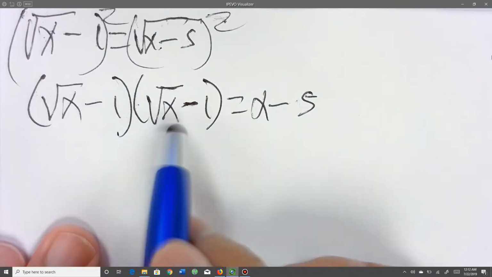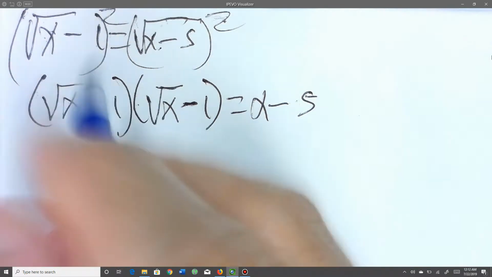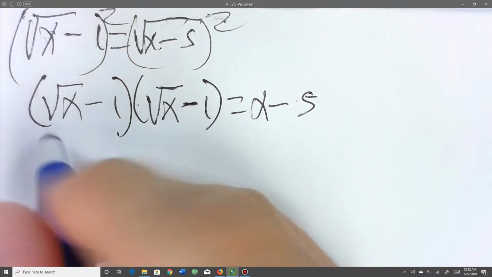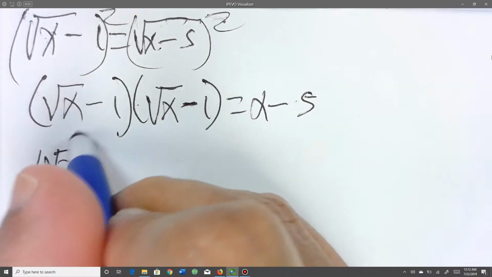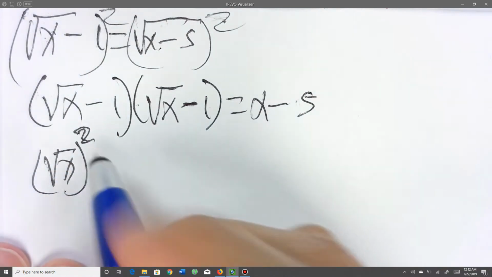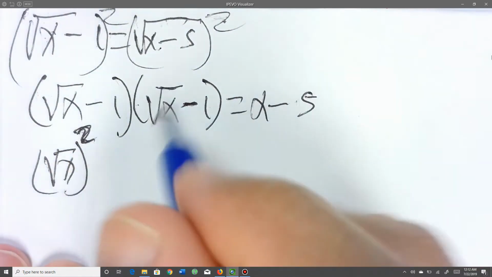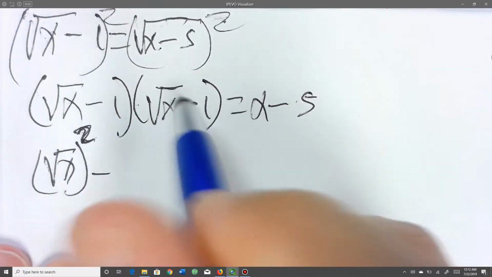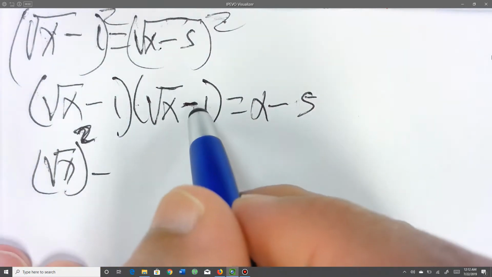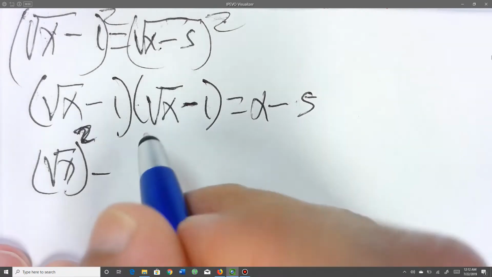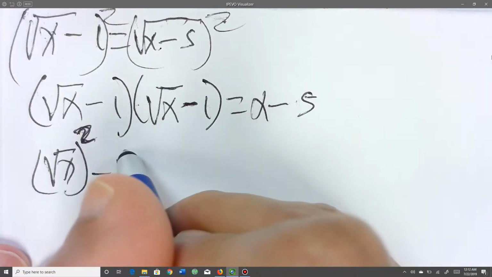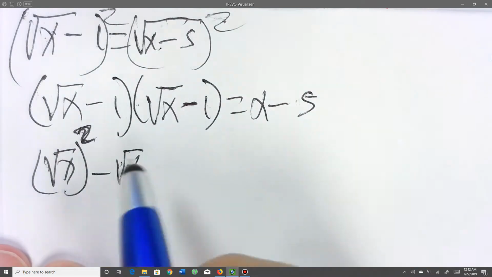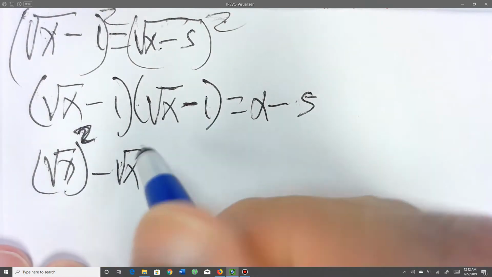Foil here, multiply, as I like to call it. Well, in this case I have an x squared, and I'm just going to rewrite the whole step here, square, but you can skip as many steps as you want. Okay, then x squared, minus times negative 1 is negative 1 square times the square root of x, or negative x and negative square root of x.